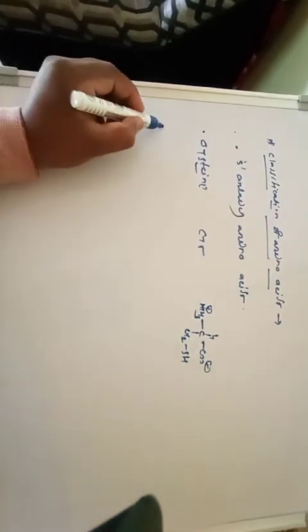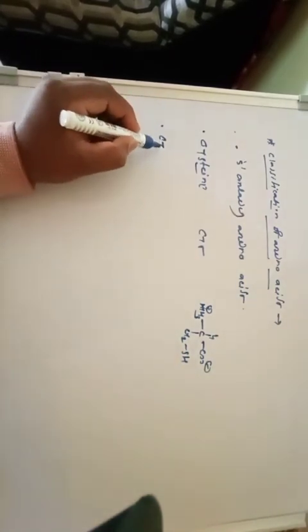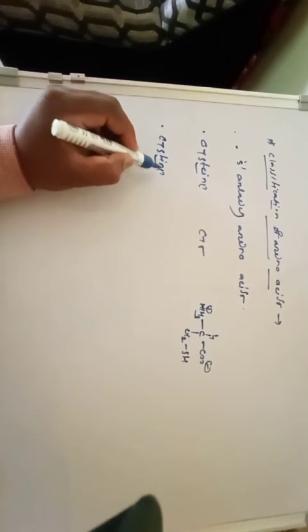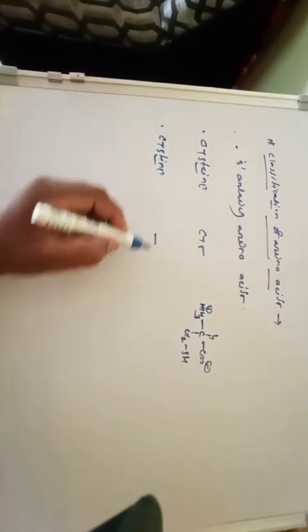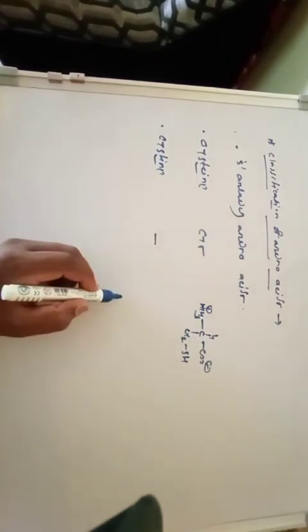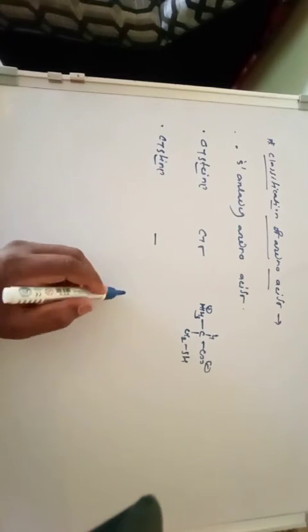The second is your cystine. The spelling is different, the pronunciation is the same. It is a sulfide bridge structure.